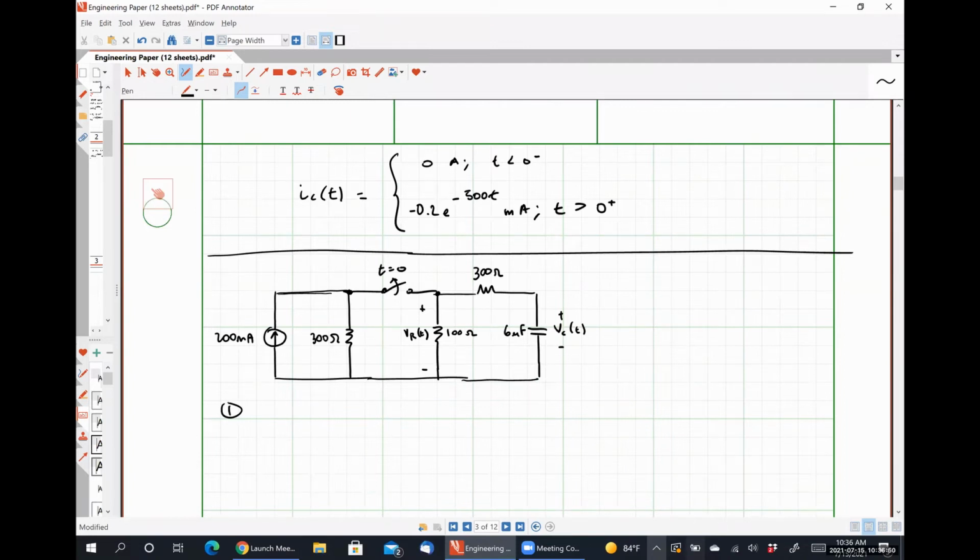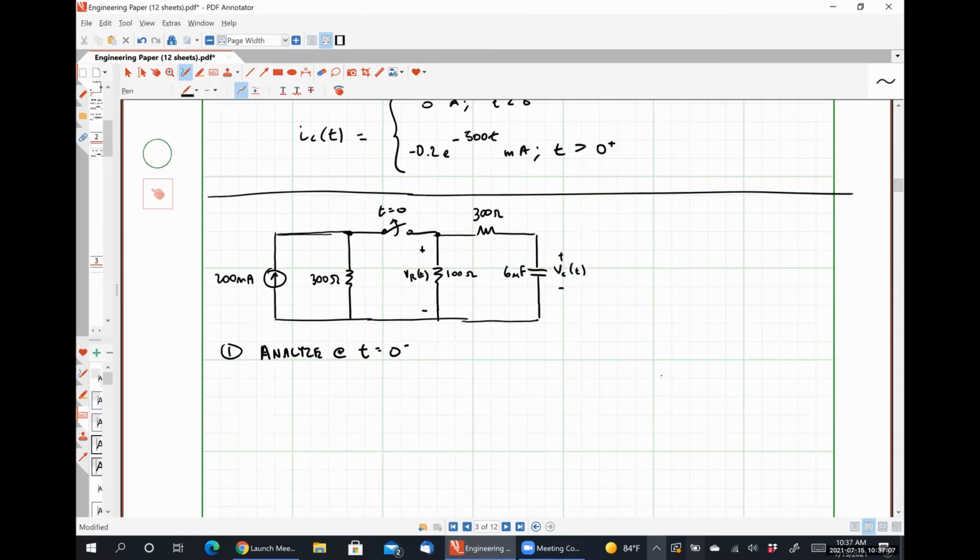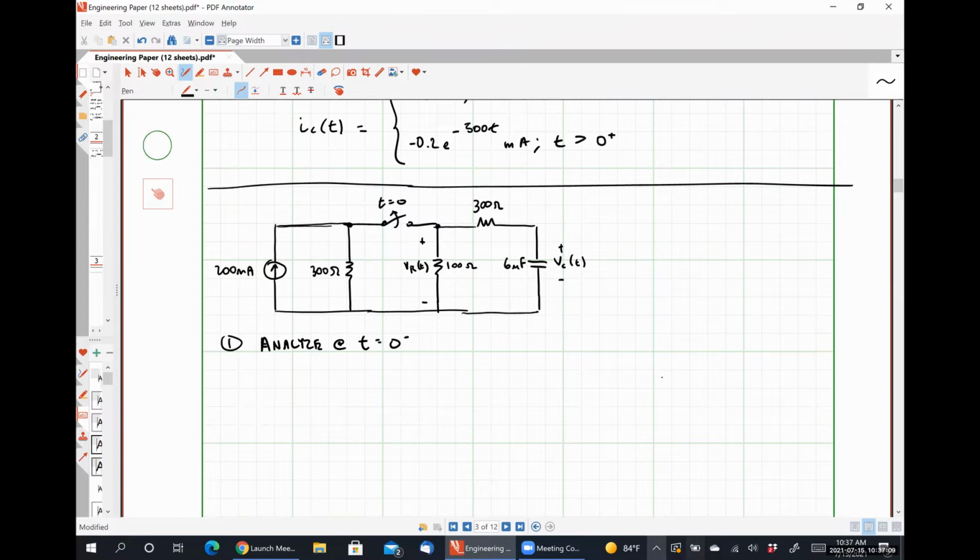So what should step 1 be? Analyze at t equals 0 minus. That's it. Absolutely correct. Analyze at t is equal to 0 minus. So at t is equal to 0 minus for this circuit, our switch is closed.